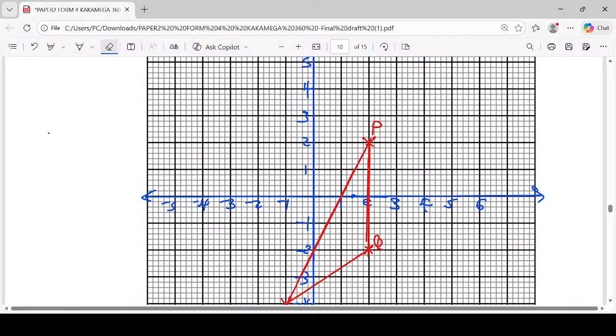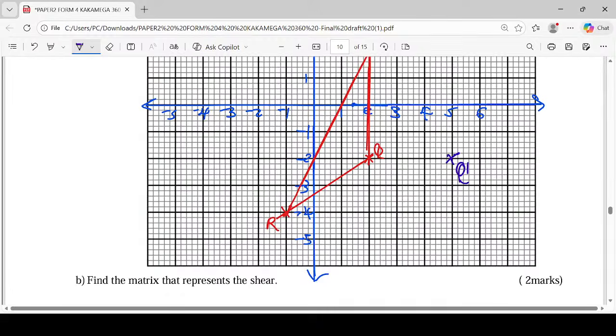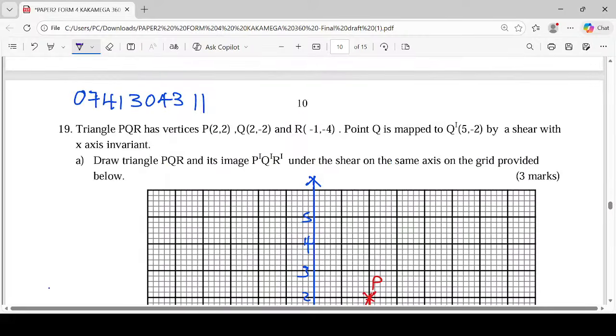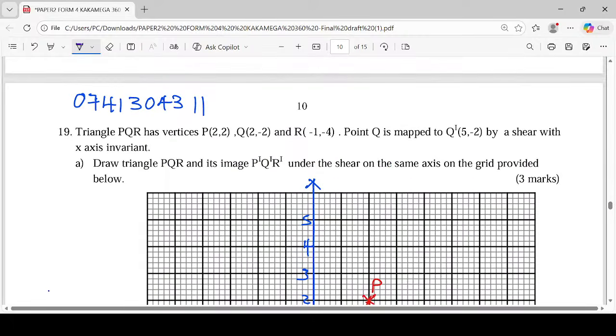We are also being told that it is a shear with x-axis invariant. The x-axis is invariant. What does it mean?